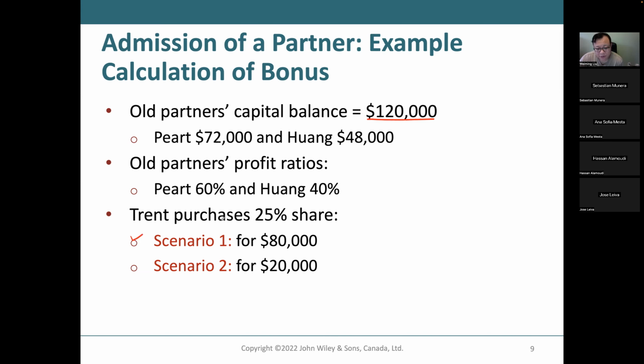If Trent pays 80,000, that adds 80,000. So the total capital balance of the partnership should be 200,000. That's the total capital balance.